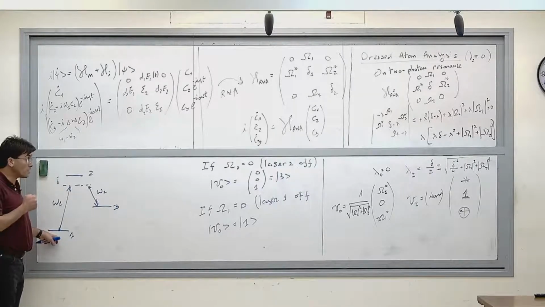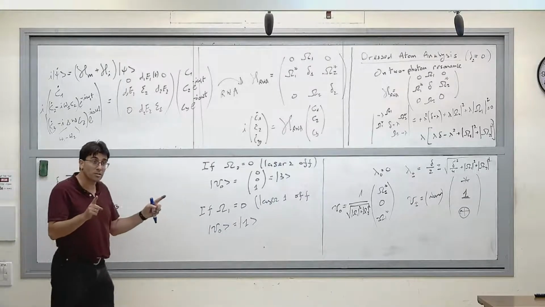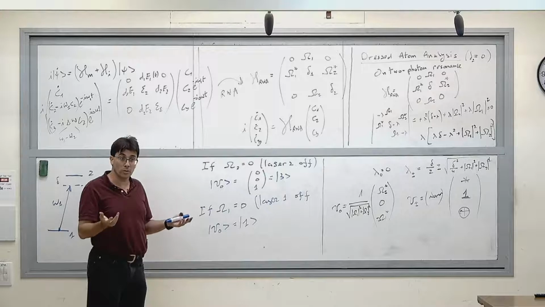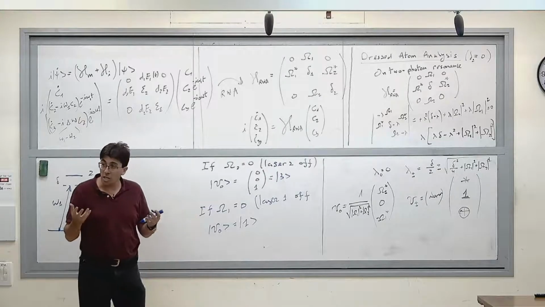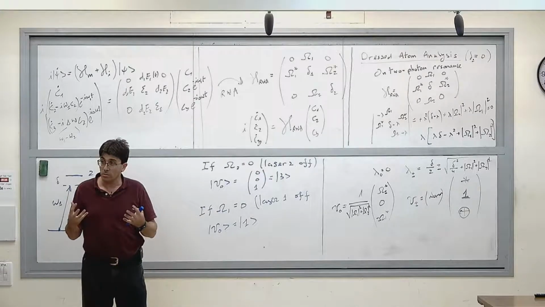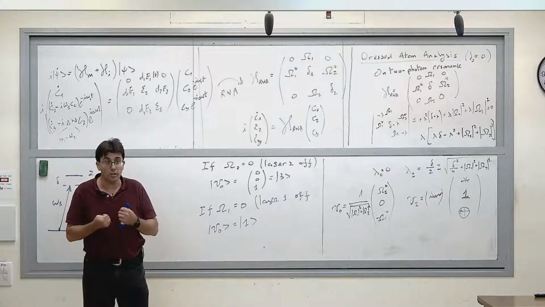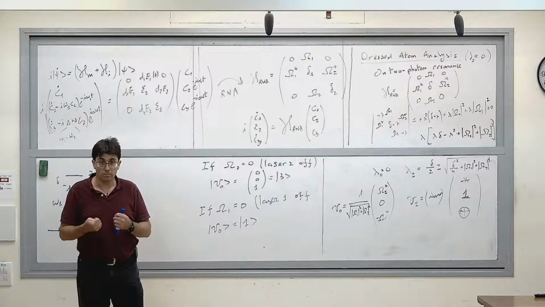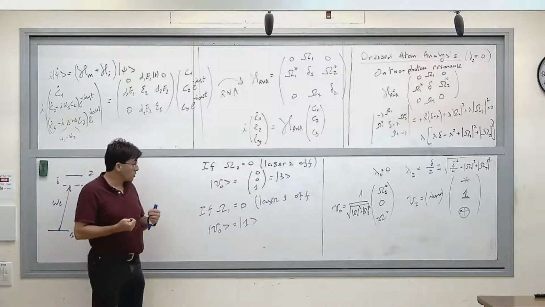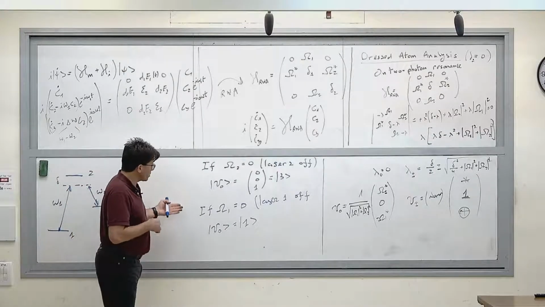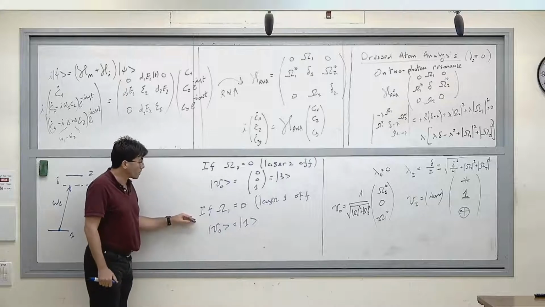But the point is that those two are extreme cases of something that is more general. There is a dark state always, even when the two fields are on. So in other words, let's say the following.